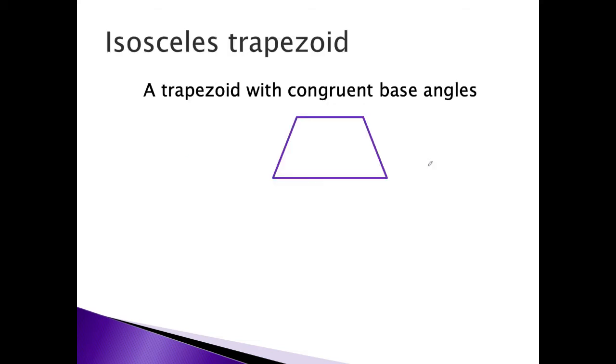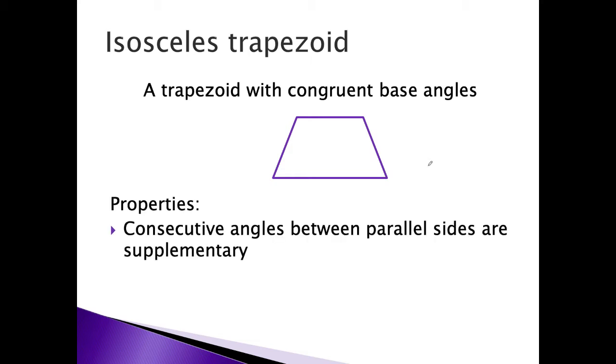Next, let's talk more specifically about the isosceles trapezoid. So isosceles trapezoids can be defined as the base angles are congruent, or you could also define them as one set of sides being congruent. We know that with the properties that we have, the consecutive angles between parallel sides are supplementary. Then we have the base angles are congruent by the definition.